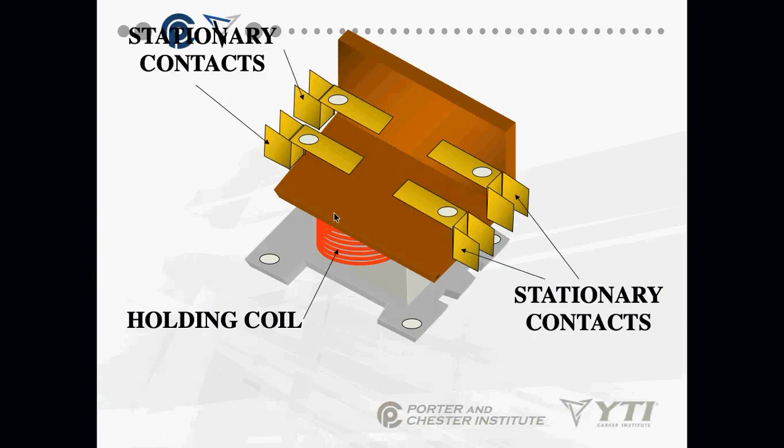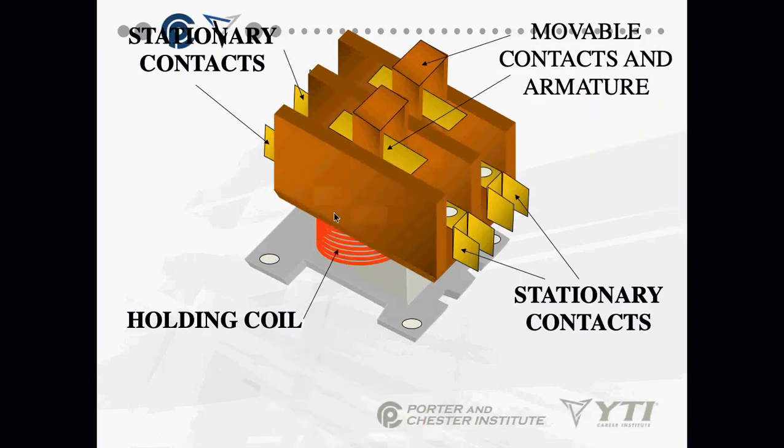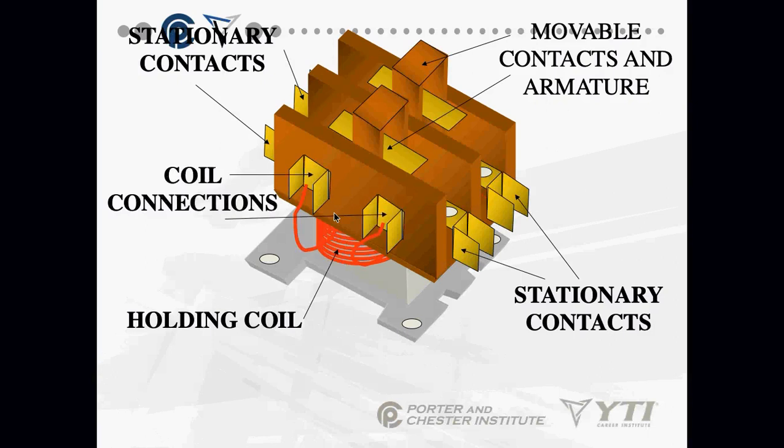Up top, I have my stationary contacts. Then I have movable contacts that fall on top of that. I have my whole assembly, the plastic that goes around it to try to isolate it. I have my coil connections.